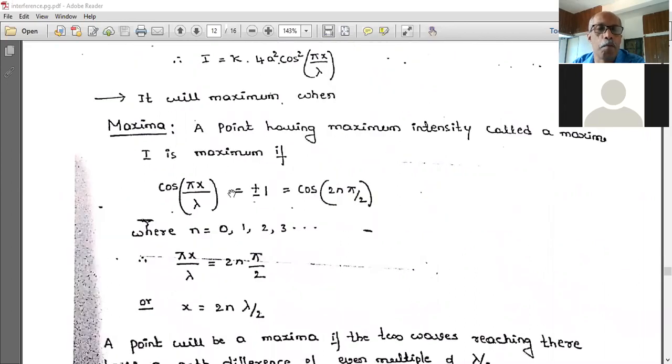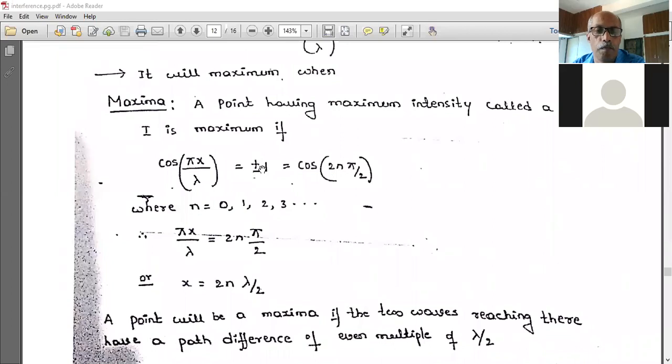I will be maximum at points where cos(pi x by lambda) is plus or minus 1. For the values where cos(pi x by lambda) becomes equal to plus or minus 1, I becomes maximum.